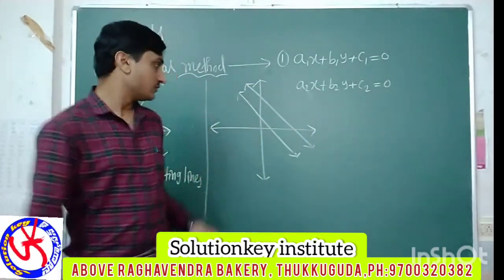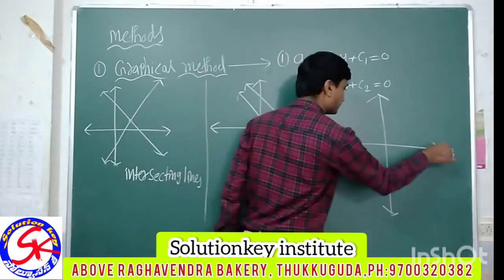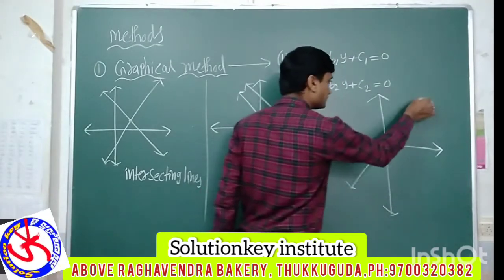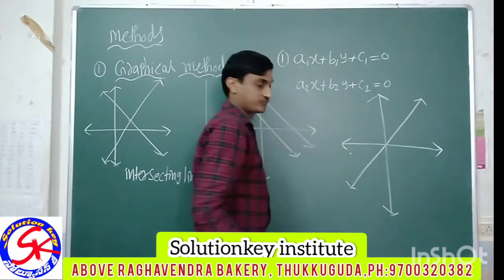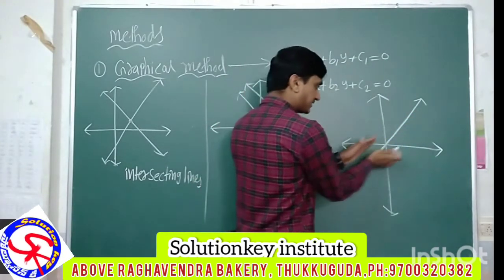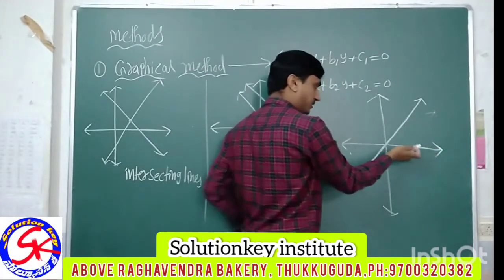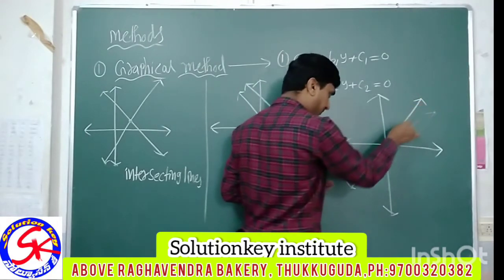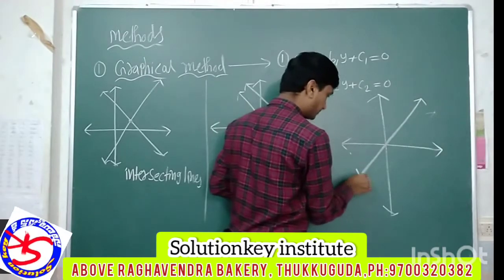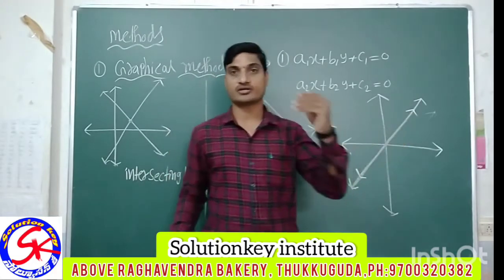And one more condition: if you draw one straight line for equation 1 and equation 2 also lies on the same line, then another line is also on that same line.